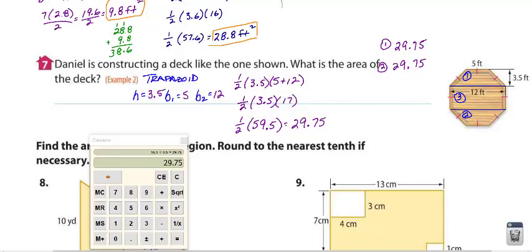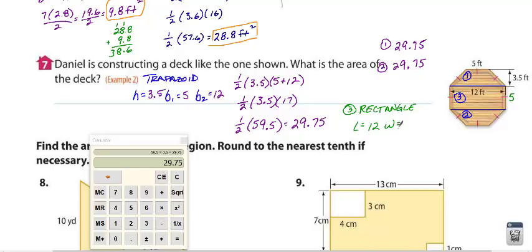All right, and then my rectangle. So number 3, my third shape was a rectangle. And for rectangles, you need the length and the width. Well, the length of the rectangle is 12, and the width, they tell us this is 5, and you can see the figure is consistent all the way around.